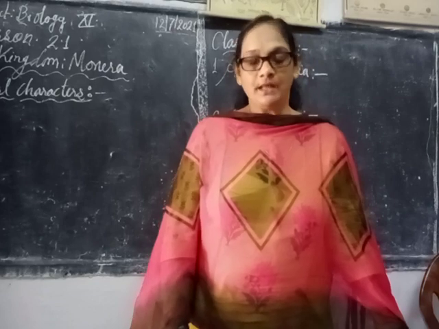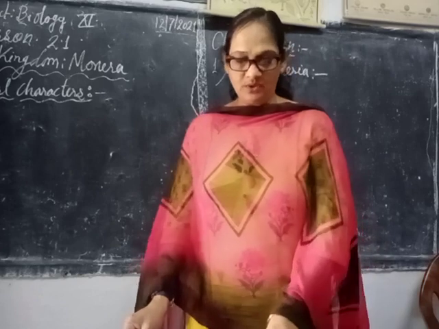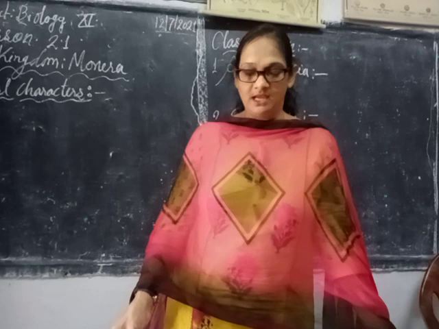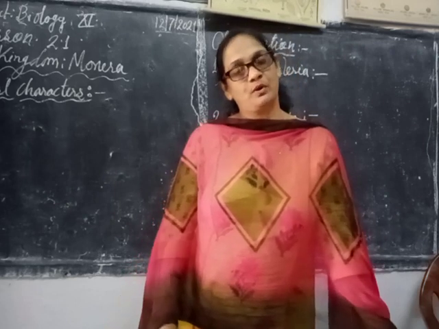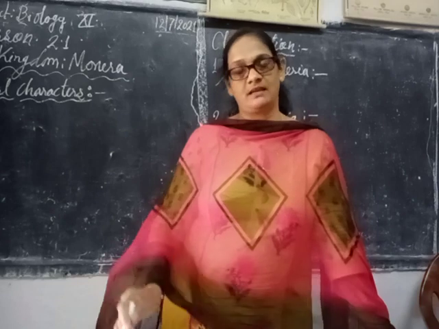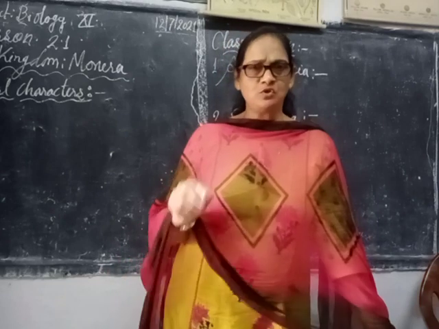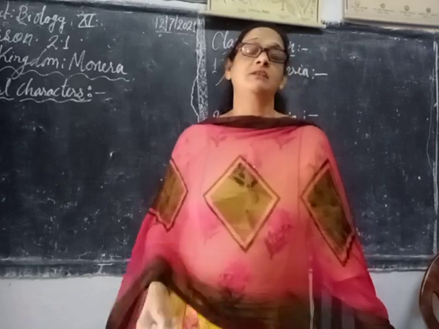Dear students, the characters are given in your book, and you know the cell wall is present, which is made up of peptidoglycan or polysaccharides. They are autotrophic also, heterotrophic also, just like I explained before, and microscopic, 0.1 micron in length, very small size.